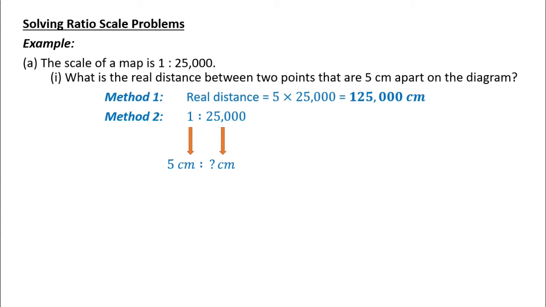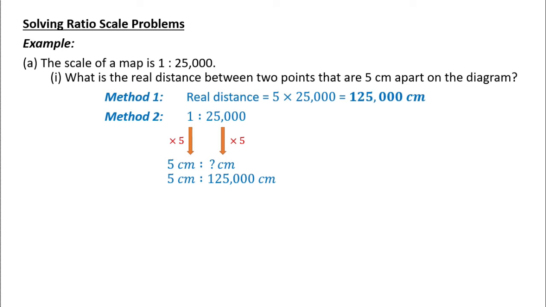That's why we have a question mark. What could you do with 1 to make 5? We're just going to multiply by 5. So 1 times 5 is 5, and also we have to multiply 25,000 by 5. 25,000 times 5 is, you are correct, 125,000 centimeters.